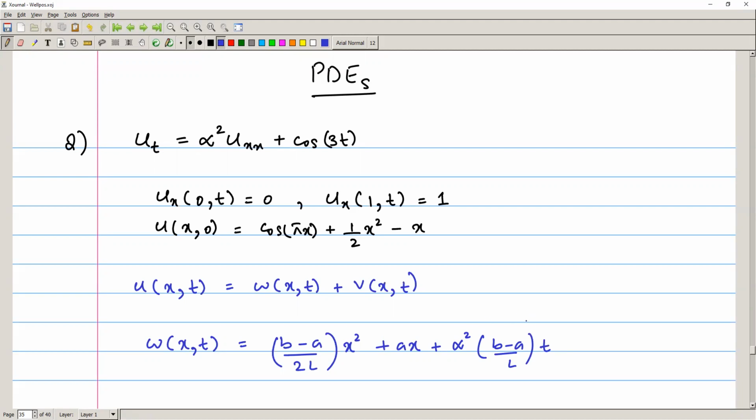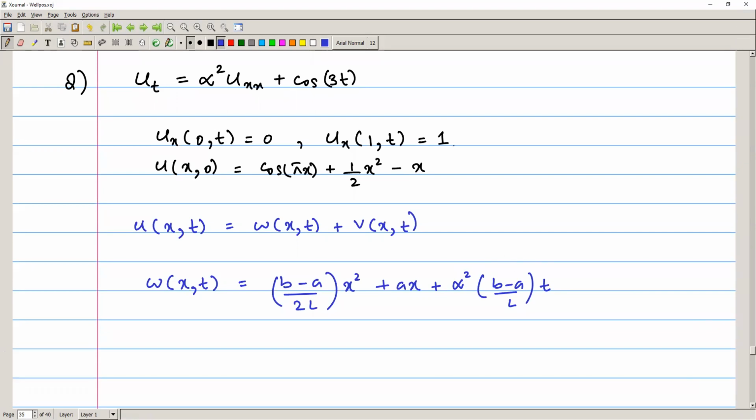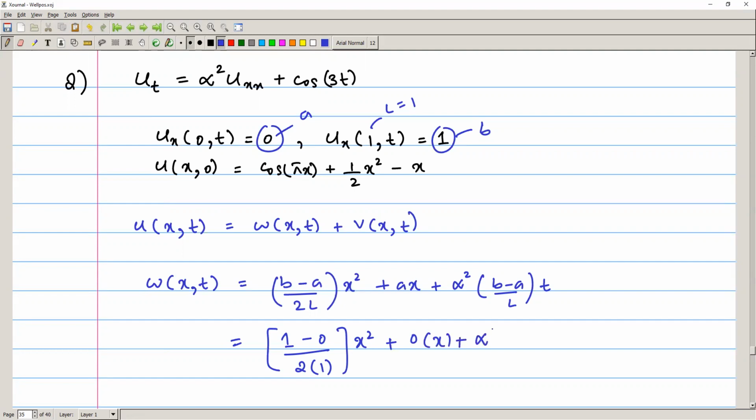All right, so in this case, this is b and this is a, right? So we can write here (1 minus 0) divided by 2 times L, which is 2 times 1, times x squared, plus a is 0, so 0 times x, plus alpha squared times again (b minus a) divided by L times t.